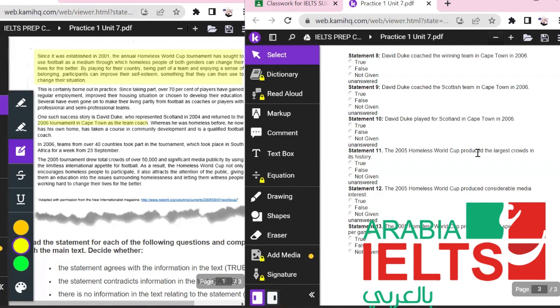Is there something that tries to trick you with small things, or is it literally a whole new point that they can add to the paragraph? So when it comes to small things like per game or in total, it's going to be false. Small details. But if it's a whole new point that has nothing to do with that, it's going to be not given.